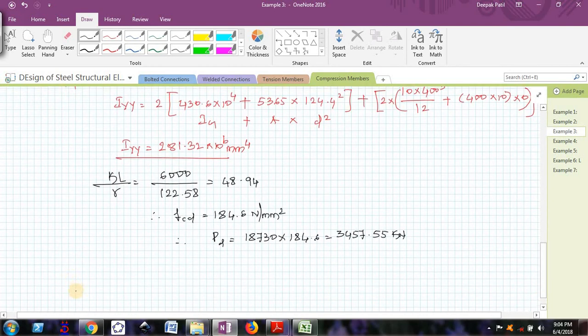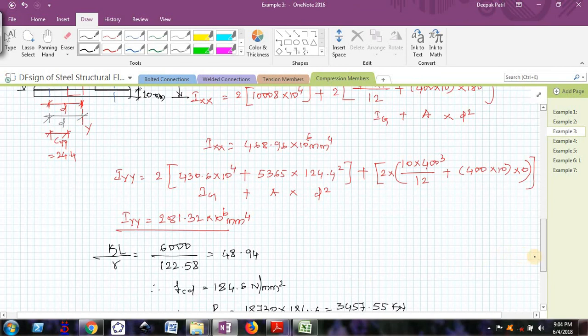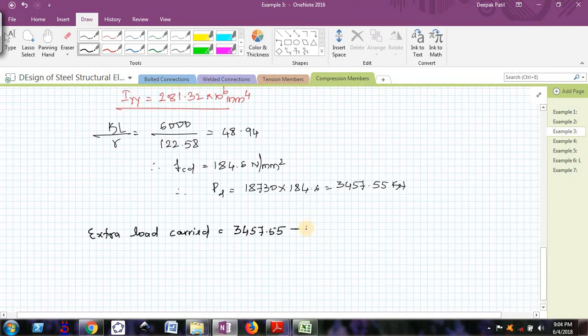So the extra load that it will carry is 3457.55 minus 2061.24.